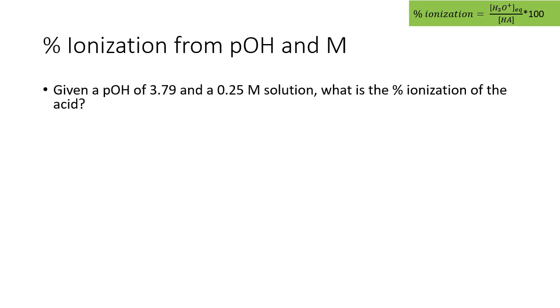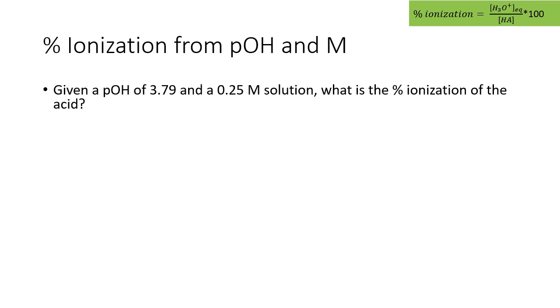Given a pOH of 3.79 and a 0.25 molar solution, what is the percent ionization of the acid? This is a tiny bit more complicated than the previous problem. We have a pOH instead of a pH. So we can do this problem two different ways, using the relationship between pH and pOH equal to 14, or the Kw equation where Kw is equal to OH minus times H plus.